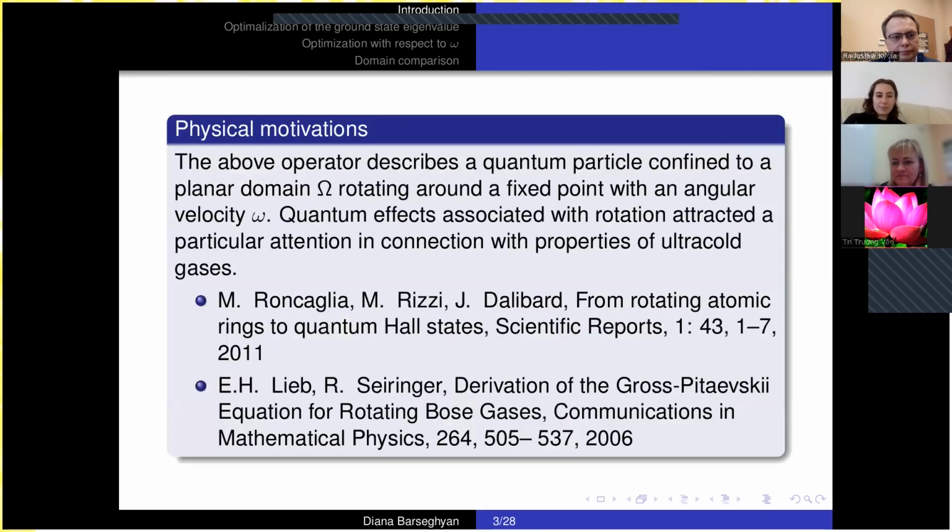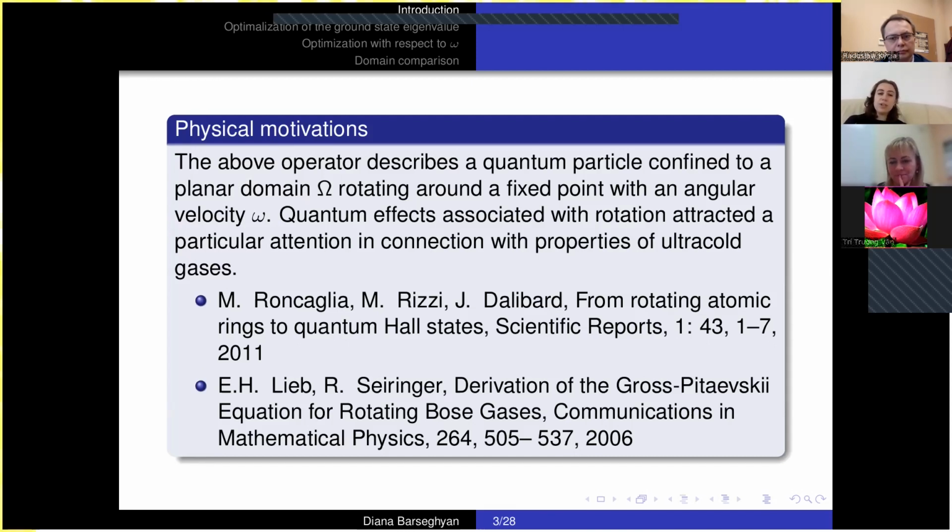Next slide, please. This operator comes from physics, and it describes a quantum particle which is confined in a domain omega, and which is rotated around the fixed point x0, y0 with the velocity omega. So x0, y0 and omega now appear in the Hamiltonian of this operator.